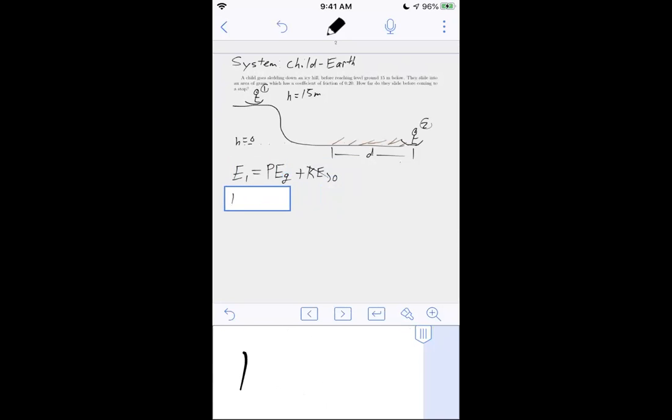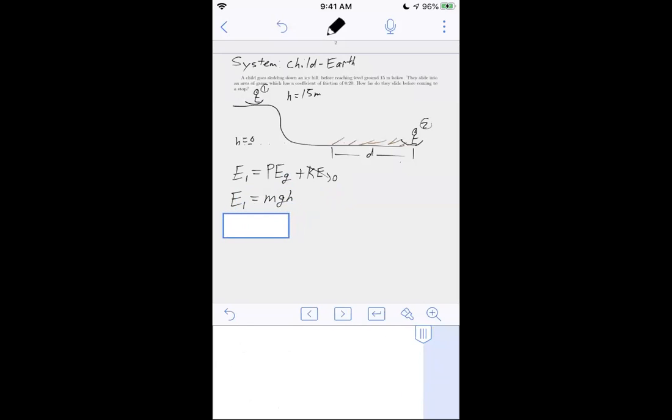So the energy at point 1 is just the potential energy due to gravity, so that's mgh. We have the height given, but we don't have the mass of the child given. So if this is a well-written problem, we're expecting that mass is going to eventually cancel out.